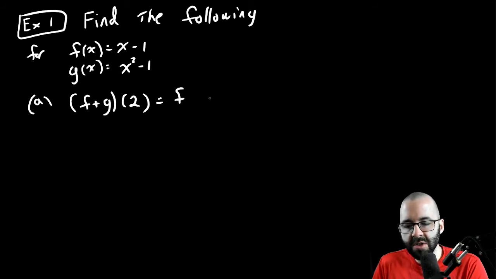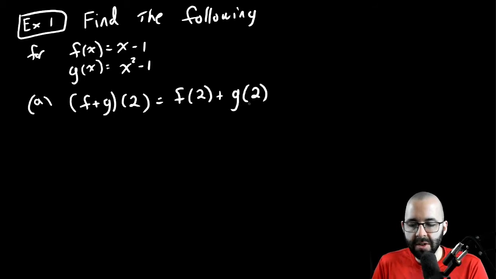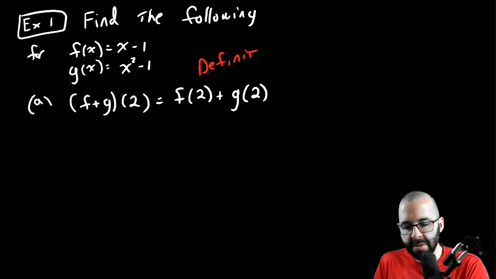So this is the old function f, also evaluated at 2, plus the old function g, evaluated at 2. This is the definition of adding functions together. Okay? So be very careful. And this is just the definition from the previous page.